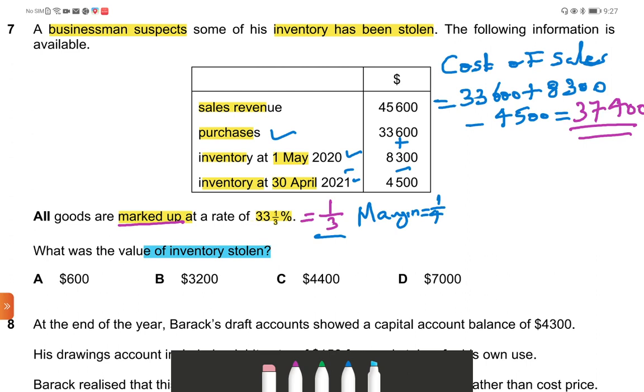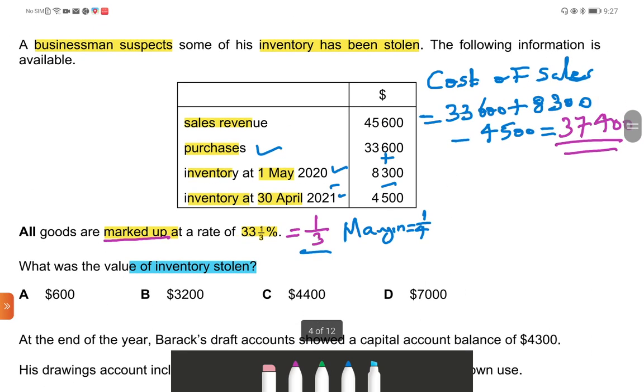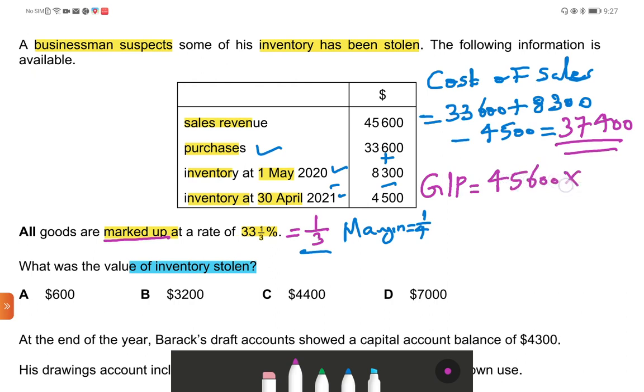As per the margin, the gross profit, we are calculating on sales, 45,600 multiplied by 1/4. 45,600 is the sales, and we multiply by 1/4. That gross profit is 1/4 of 45,600, 11,400.